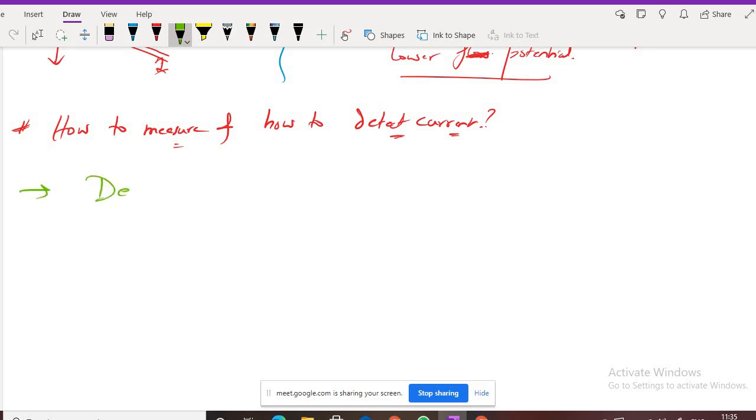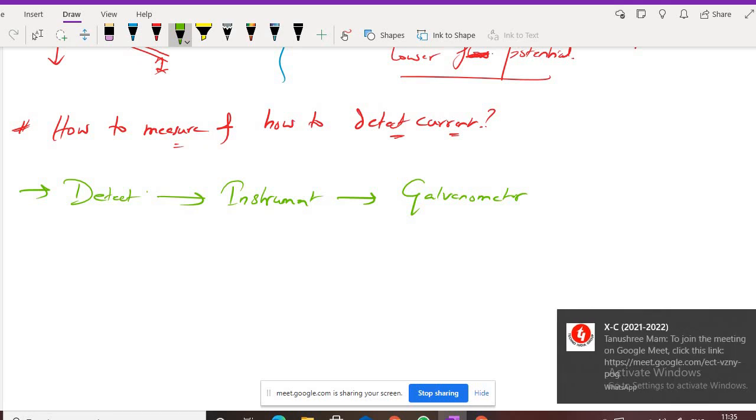Remember, current is detected by an instrument called a galvanometer. Galvanometer is an instrument which is used to detect the electric current.